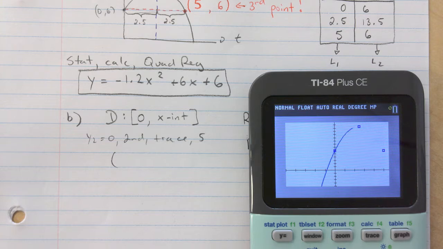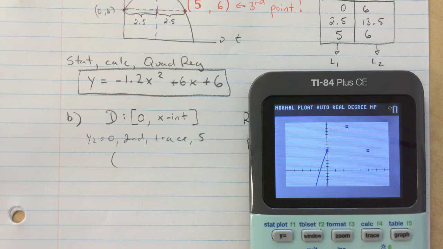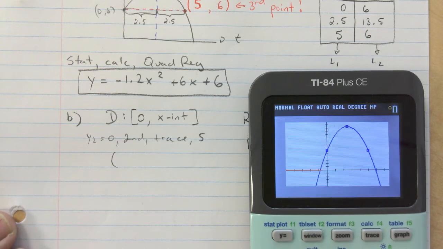So there it is. And again, you want to omit the negatives, right? So you're just basically here in the first quadrant. Let's go ahead and find the x-intercept.